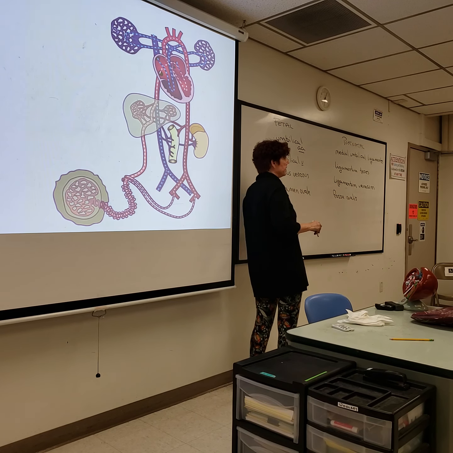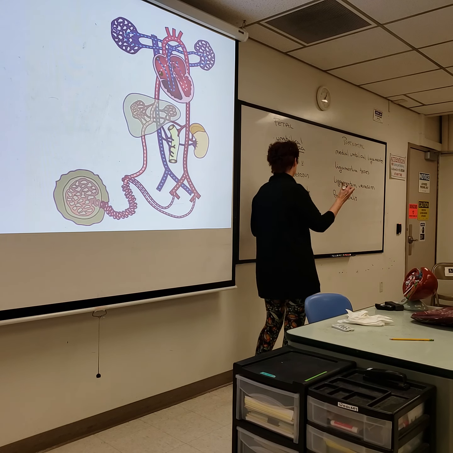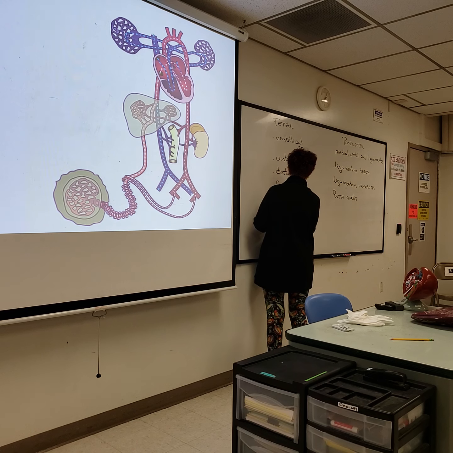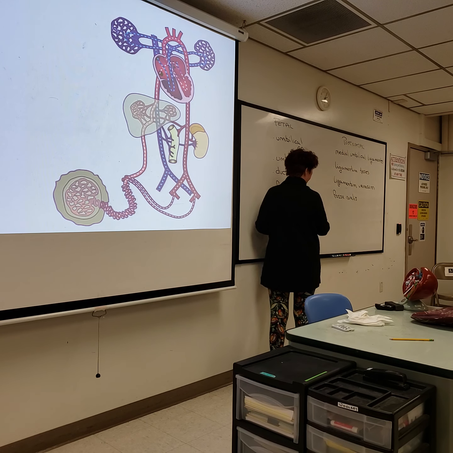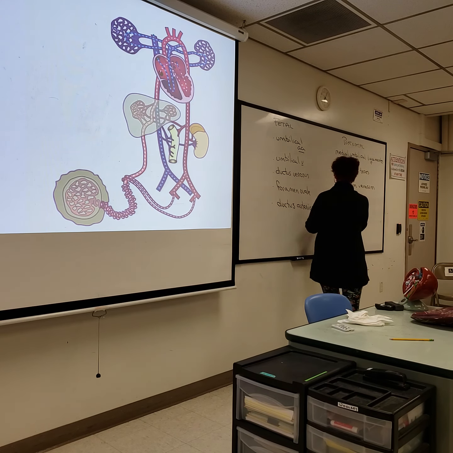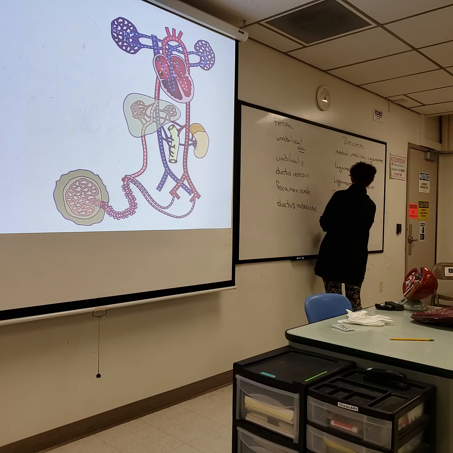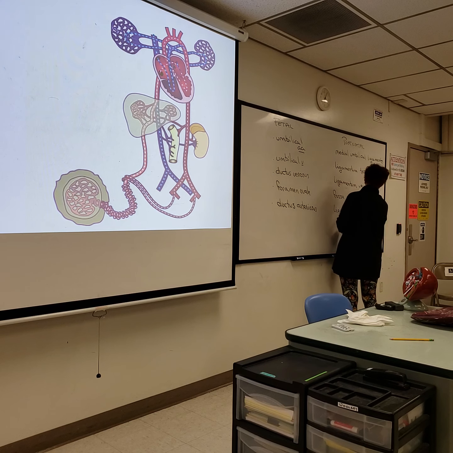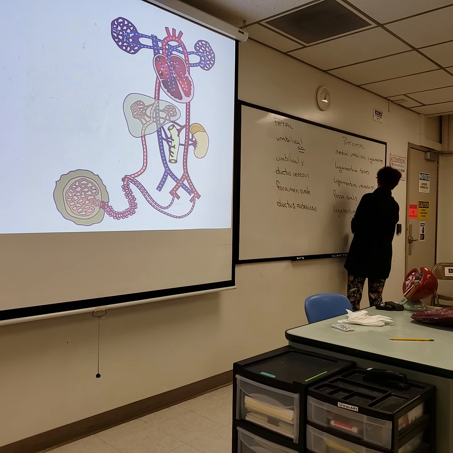And then if it does happen to get into the right ventricle and get pumped to the lungs, our last bypass is the ductus arteriosus, from the left pulmonary artery to the aortic arch. So it's emptying into an artery instead of into the vein. So this is known as ligamentum arteriosum. Okay.